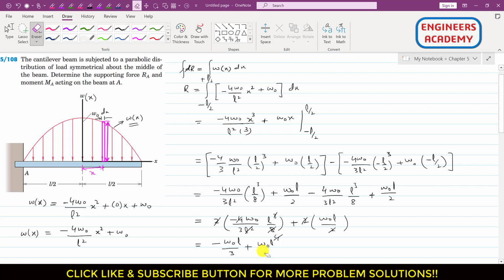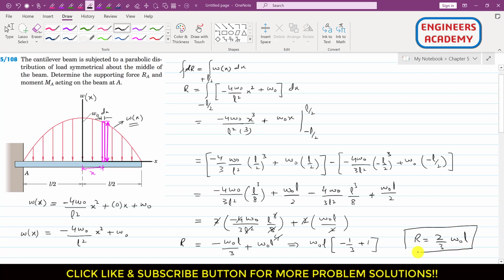Only omega naught L, and if we take omega naught L common, this will become minus 1 divided by 3 plus 1, and minus 1 divided by 3 plus 1 is 2 by 3, right? So we can say that the resultant is equal to 2 divided by 3 omega naught L, right?